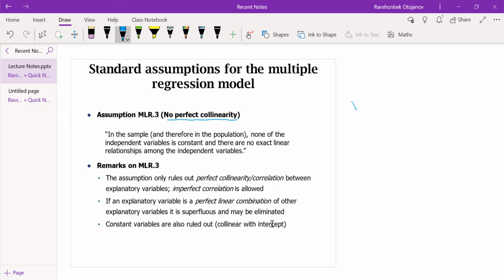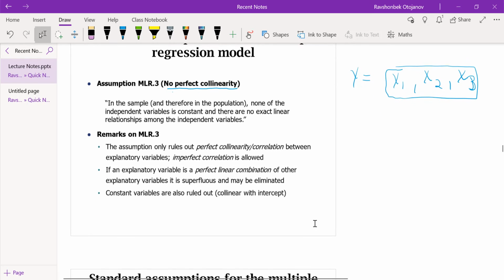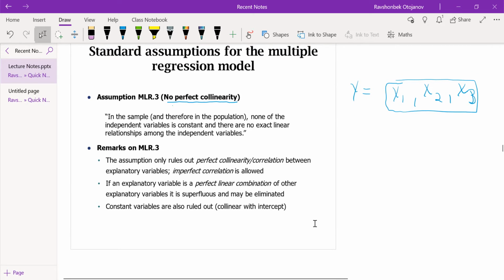So if we had y being modeled as a function of x1, x2, x3, then none of these is a linear function of the others. So there is no perfect collinearity between these variables. But imperfect collinearity is fine as long as the variables are not strongly correlated.